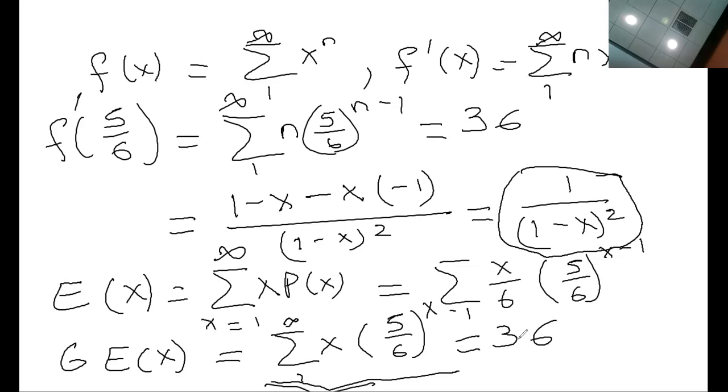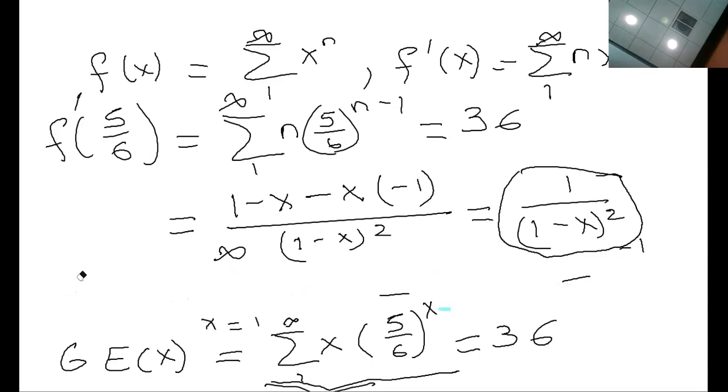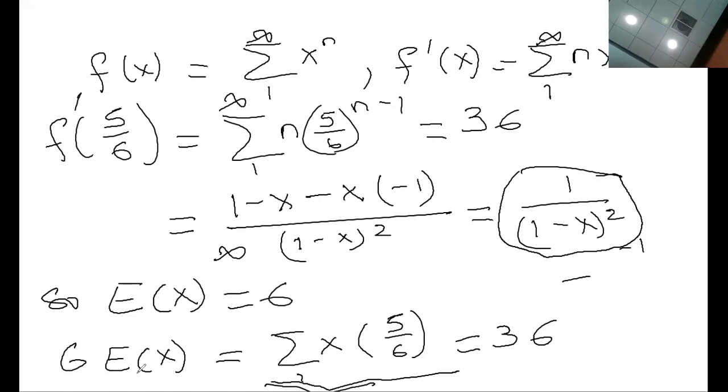So what is E of X? E of X is 6. Can we see that? E of X is 6. So I'm going to erase this and say that, I hope you will be able to understand this, 6 times E of X equals 36.